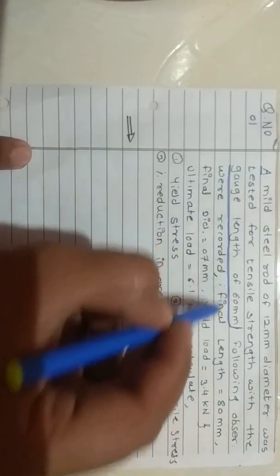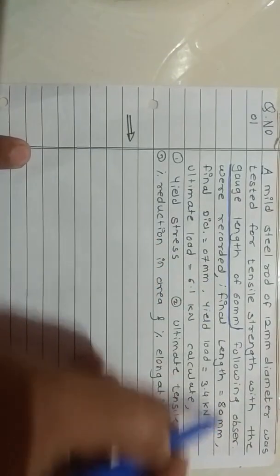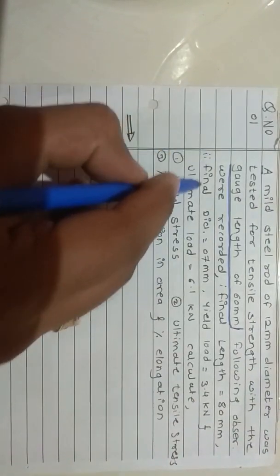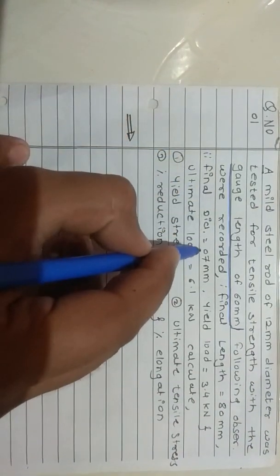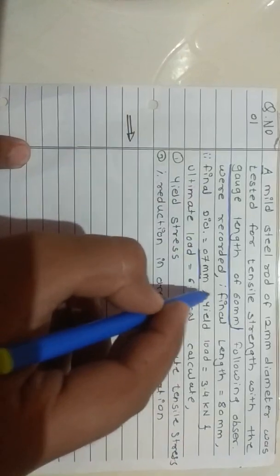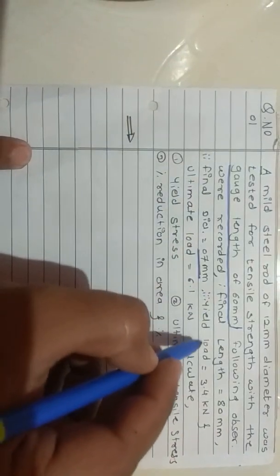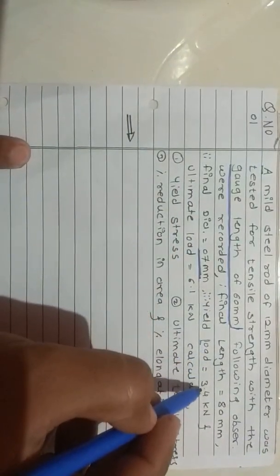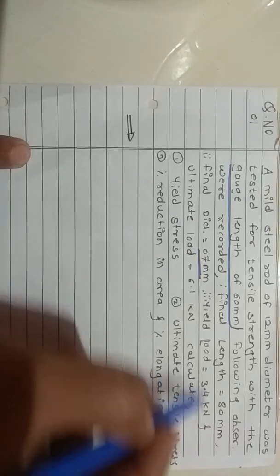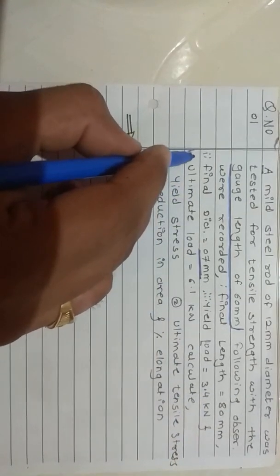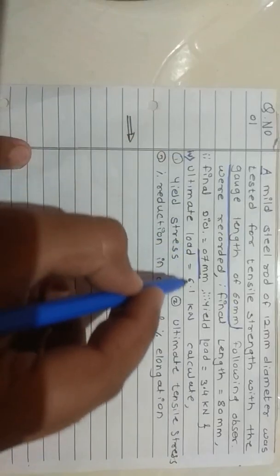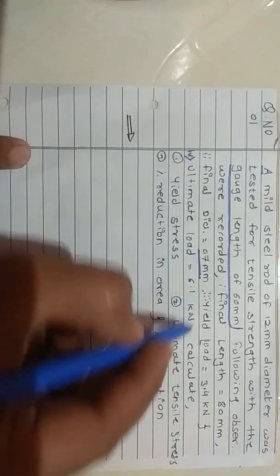First observation, final length is equal to 80 mm. Second observation, final diameter 7 mm. Third observation, yield load is equal to 3.4 kilonewton. And fourth observation, ultimate load 6.1 kilonewton.